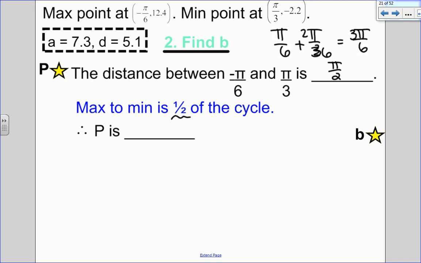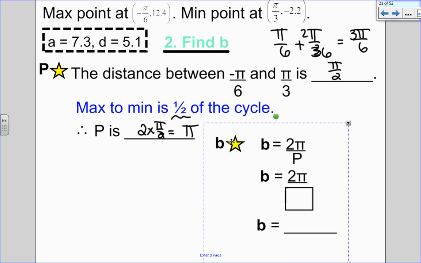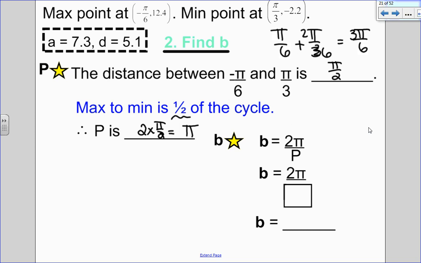So I have to take that and times it by 2 to get the full cycle, which is just pi. So now that I know the period is pi, I can figure out what my b value is, because b value is 2 pi, 2 pi is always on top, divided by the period. Pi's cancel, and b is 2. So now we have a, b, and d. So all that's left is c.